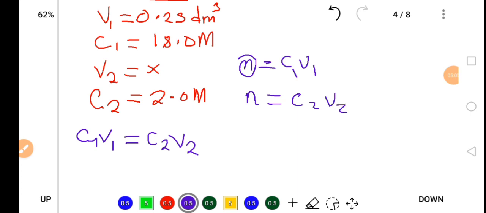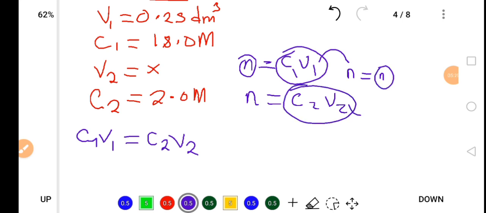That's the reason why, since number of moles equals number of moles, we replace where we have the number of moles with this, and where we have the number of moles with that. Why? Because the number of moles does not change, as you observed when I was demonstrating. Okay, interesting.